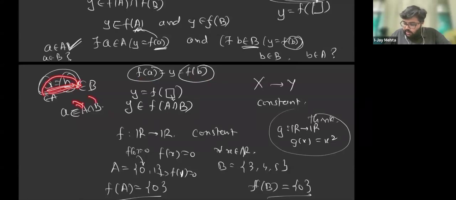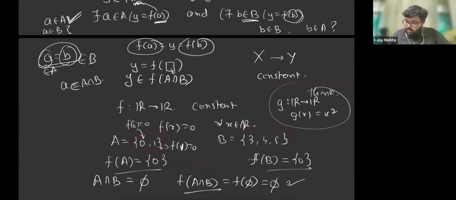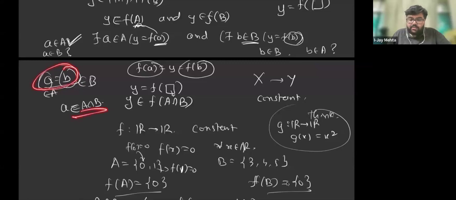So I am done. How many of you understand this? The problem was that A and B have nothing in common, but f of a is 0 and f of b is also 0. But if we can conclude that a and b are equal, then we have an element in the intersection. Then y equals f of a, where a belongs to A and a belongs to B, so y is in the intersection.